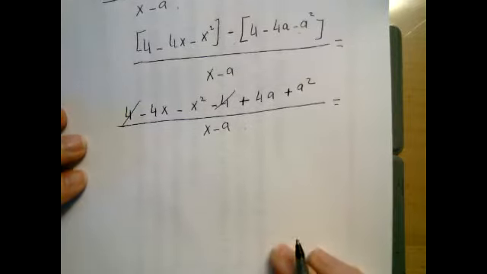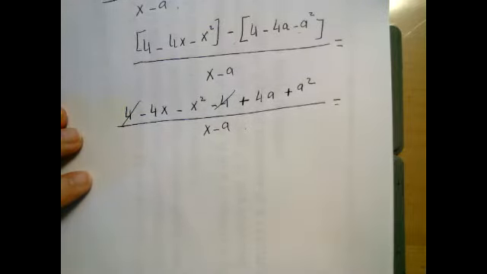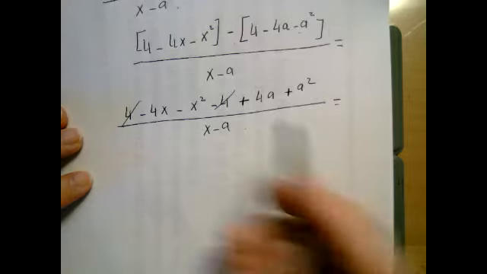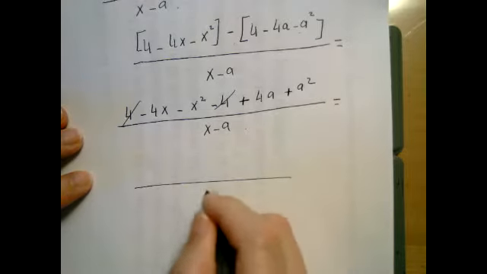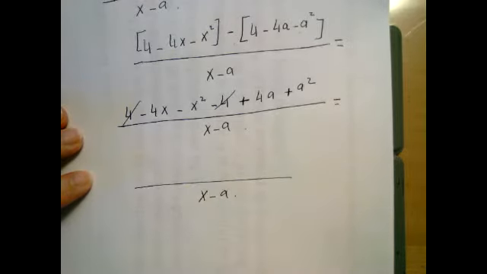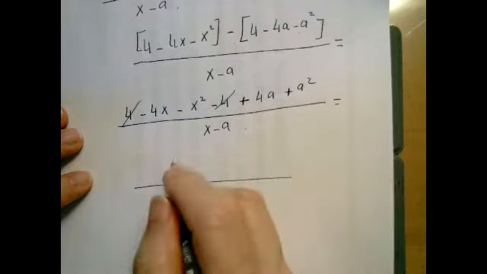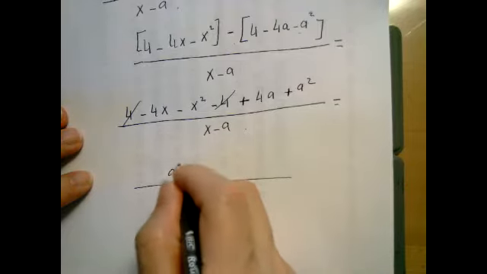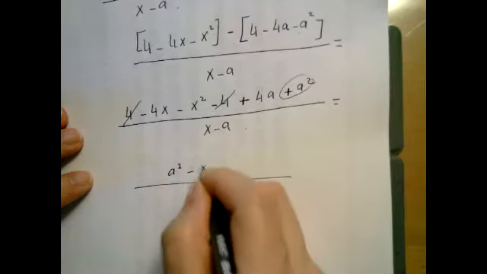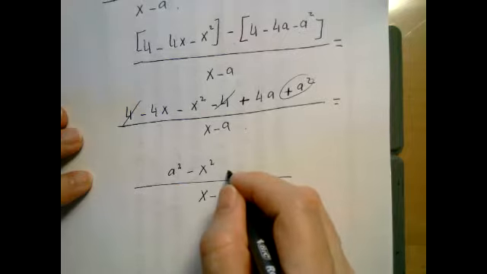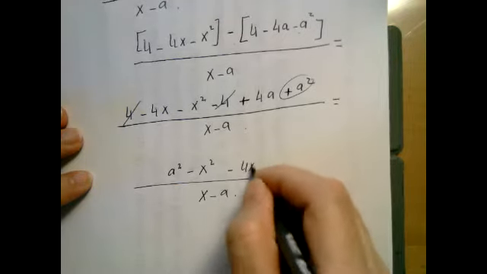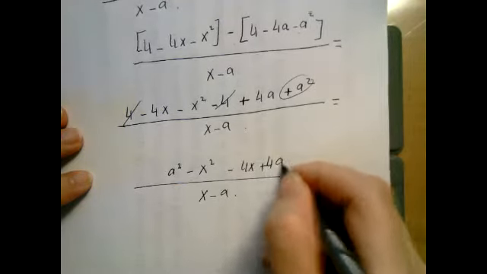Anything else? Anybody see anything else I can simplify? Doesn't seem like it. So let's see what we get. x minus a here, and then I'm going to get a squared, so if I put this in the beginning, minus x squared, and then minus 4x plus 4a.